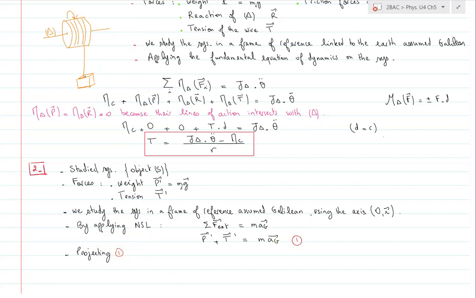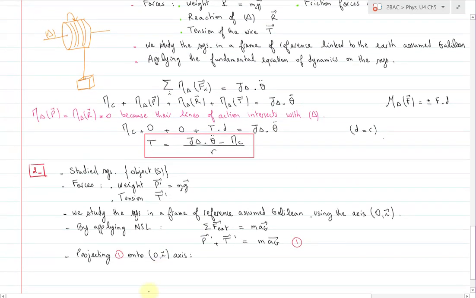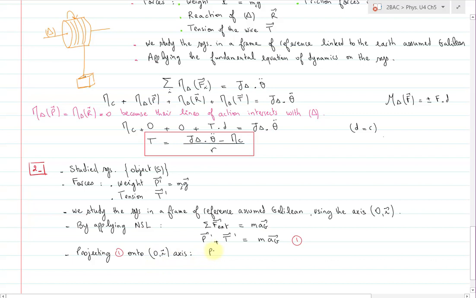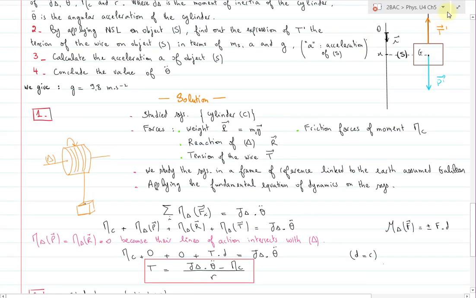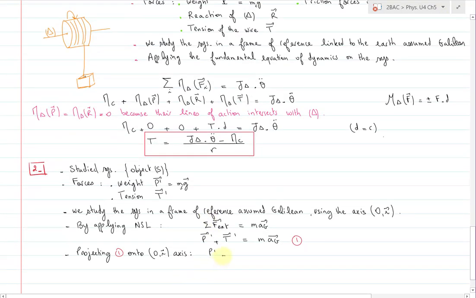Then by projecting equation 1 onto the OI axis, the projection of P onto the axis is positive because it is in the same direction, but T prime is going the other way, so its projection will be negative. Here minus T prime equals M A. We will keep it as A.